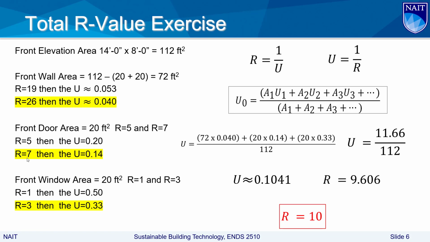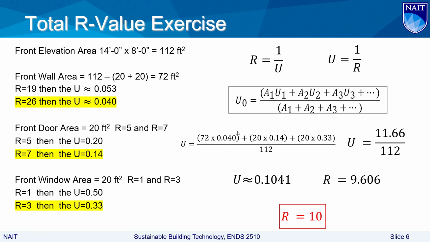And the R value for the door becomes 7, which is 0.14, and the R value for the window went to 3. By enhancing all that, 2 in here, 2 in there, and then about, let's say, 5 in, 6 in here, 7 in here, we are going to calculate the total R value with the numbers provided.